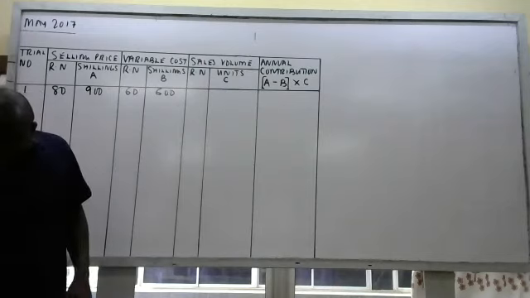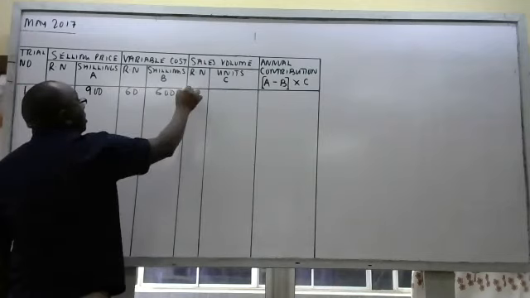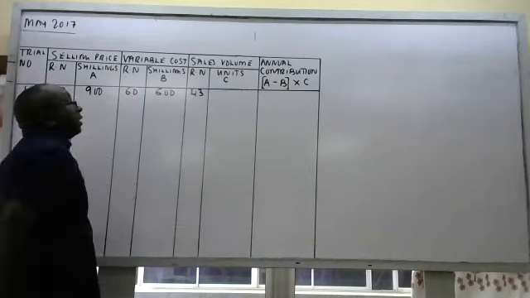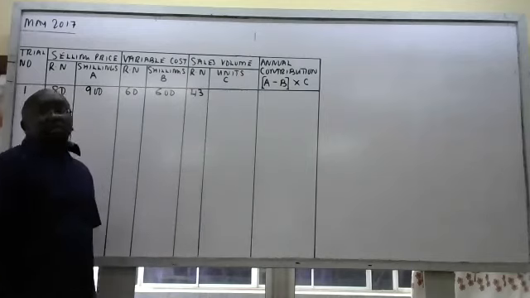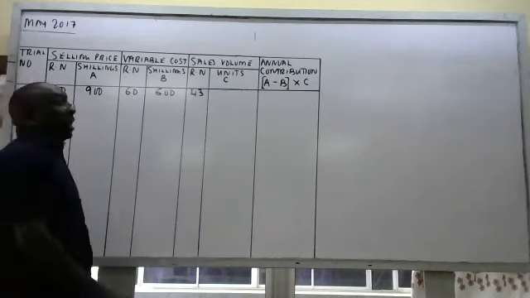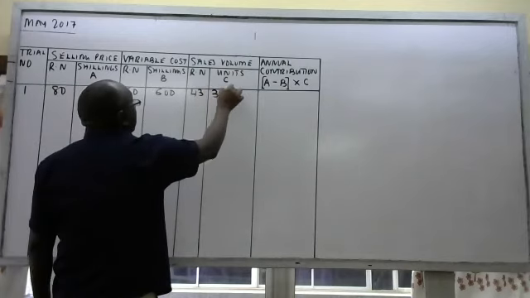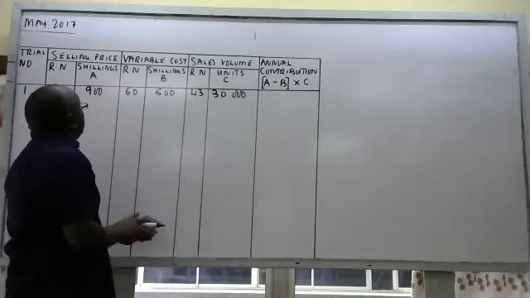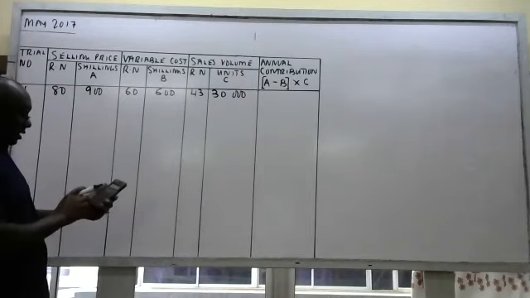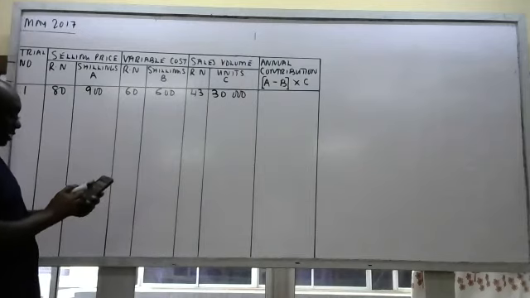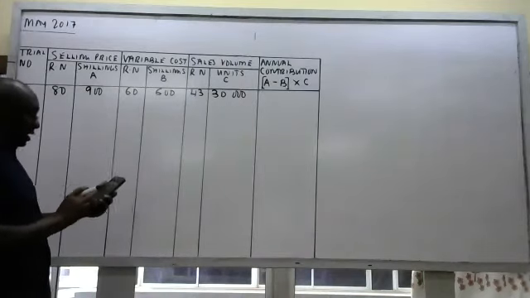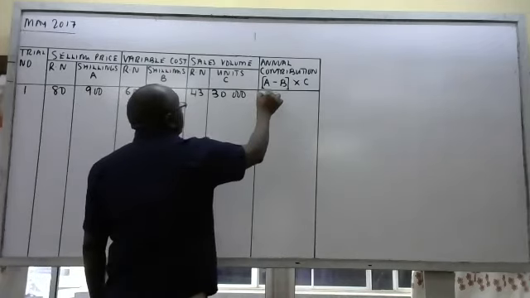The next random number is 43. How many units? 30,000. So if you take 300 times 30,000 is 9 million.